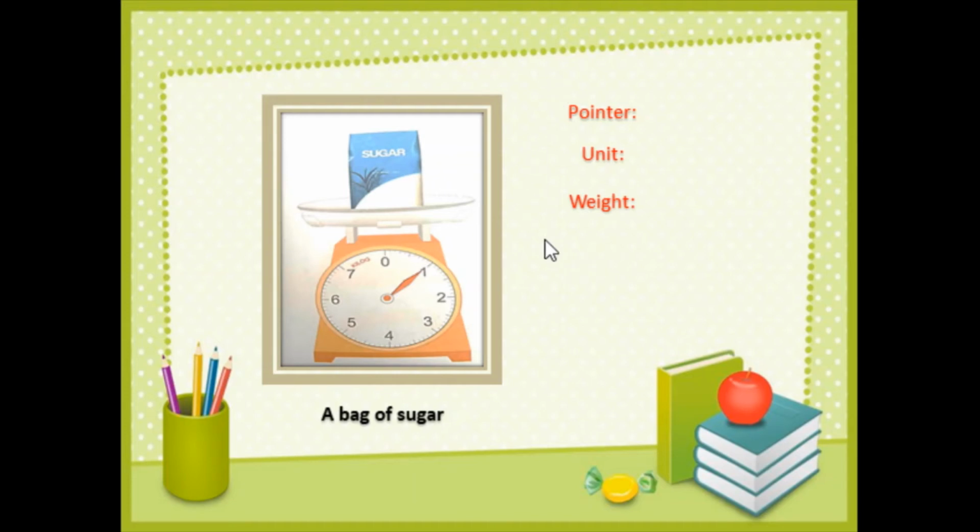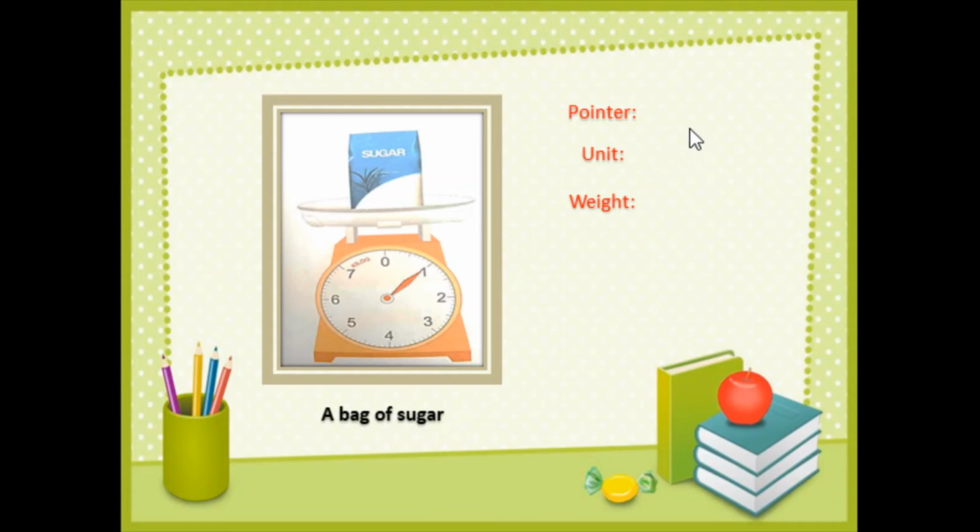All of these three you should take into consideration before you read the measurement so that you will also have a guide. So let's start with the pointer. Pointer means where does our pointer point? It points where? What number? Look at the picture. Okay, it points to number 1.